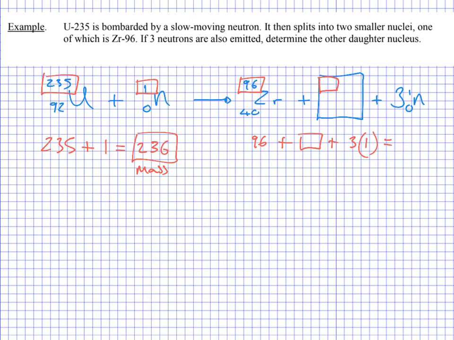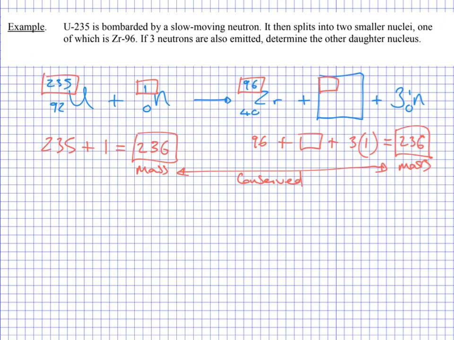Please don't make that mistake. I know you won't. Good. So 96 plus 3, and this missing value must equal 236, because these masses must be conserved. They must be the same.